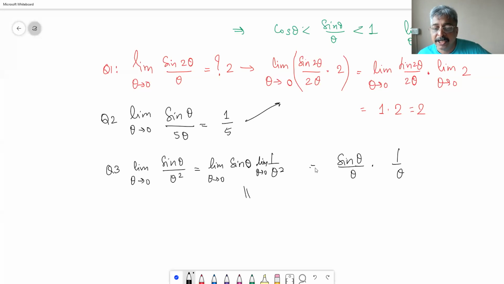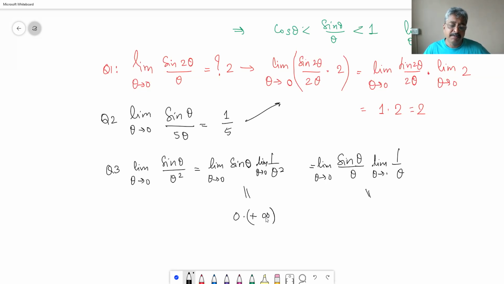Okay, so this limit is straightforward. As theta tends to 0, sine theta is going to be 0, and as theta tends to 0, 1 upon theta square is going to be plus infinity.